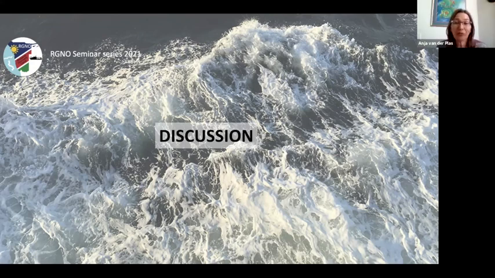I just have one quick comment, if I may, Dion. On the RGNO survey in 2019, I was just quickly going back to our cruise report, and for the 10 nautical mile station, David, we definitely found some sulfide in the water column. The bottom water is just about 5 meters above the sediment. It was low, just under 2 micromolar of H2S, definitely present.